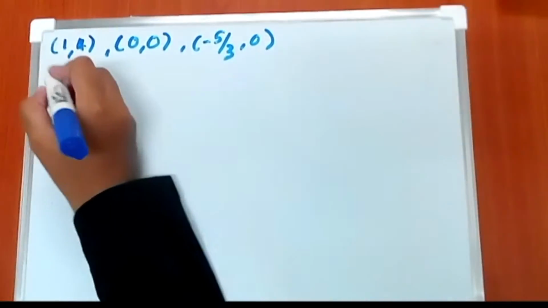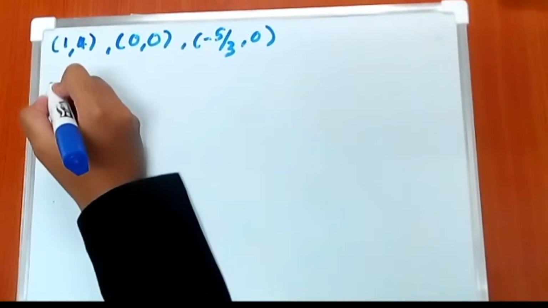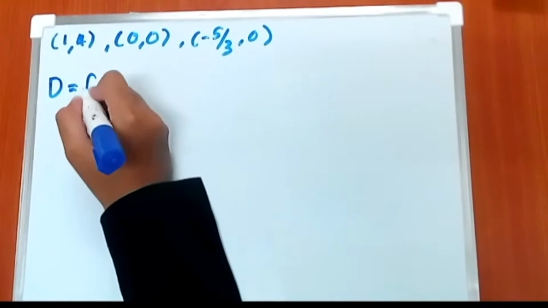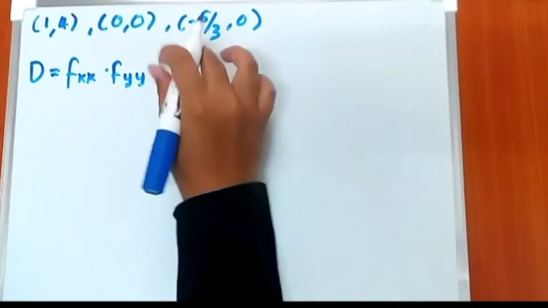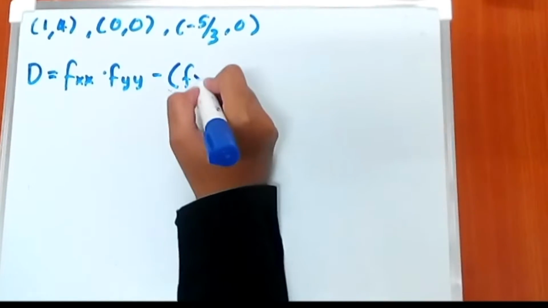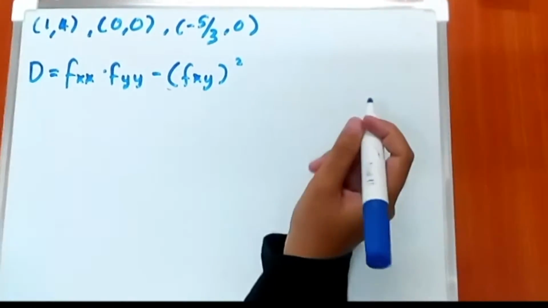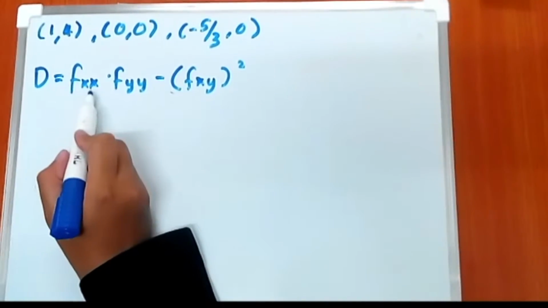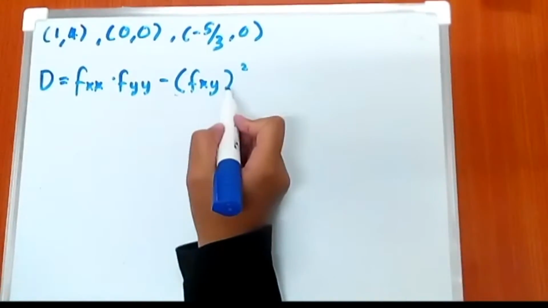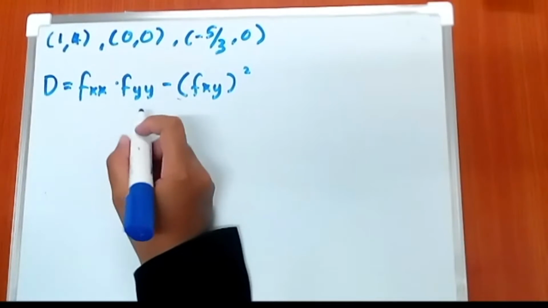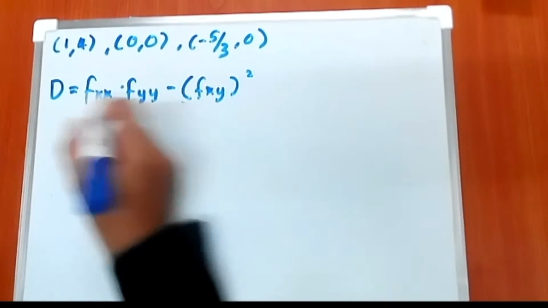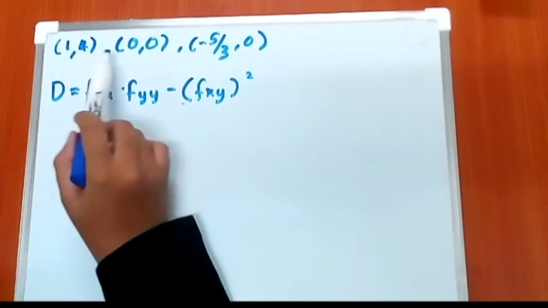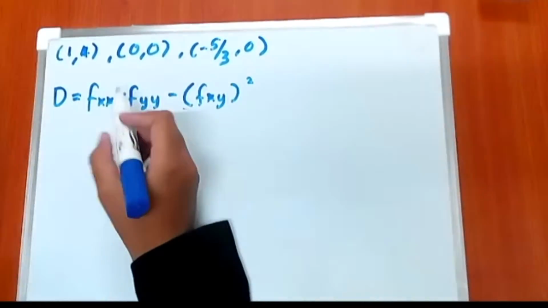First, the second partial derivative test has its own equation, which is D = fxx times fyy minus fxy squared. So we have our fxx, fyy, and fxy from earlier. So we need to substitute these three points into the equation given before.